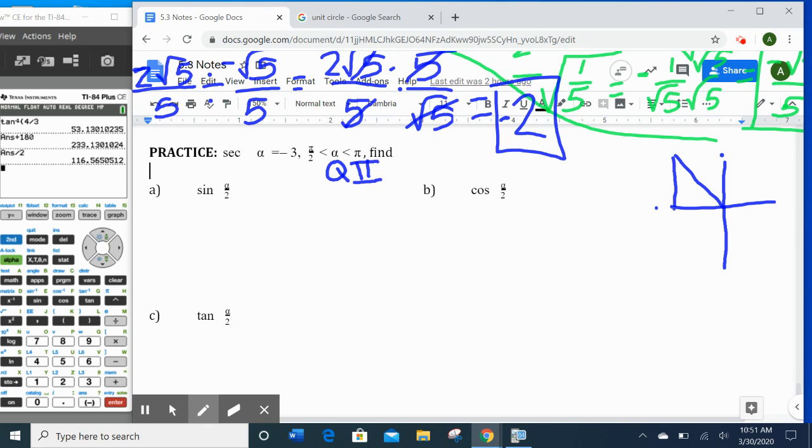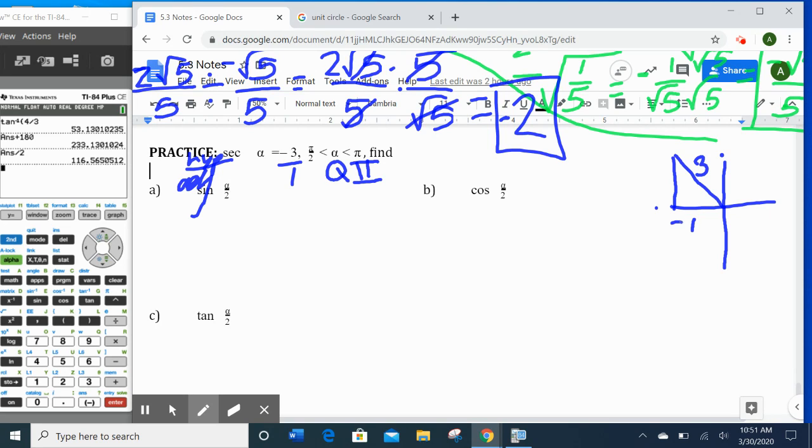And so the secant of alpha, so secant is the reciprocal of cosine, so secant is hypotenuse over adjacent. And so negative 3 over 1, hypotenuse over adjacent is, well, hypotenuse can't be negative, so 3 over 1, it's the adjacent that ends up being negative.